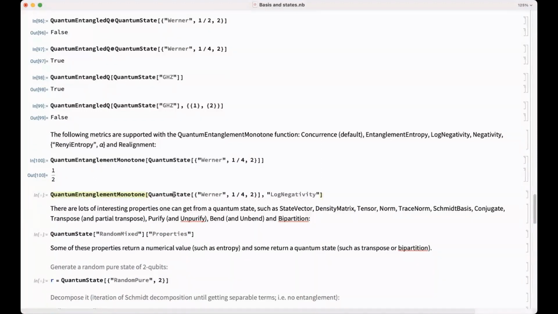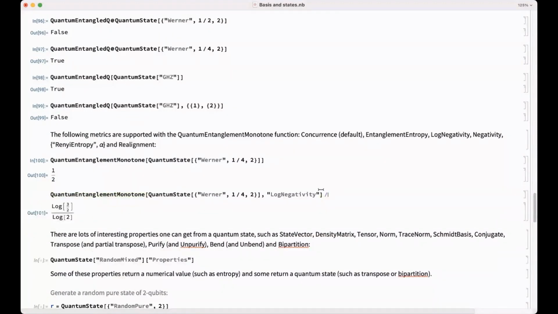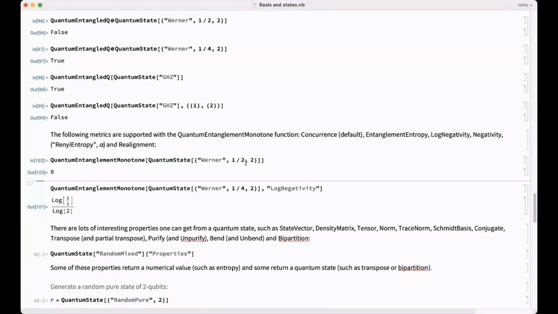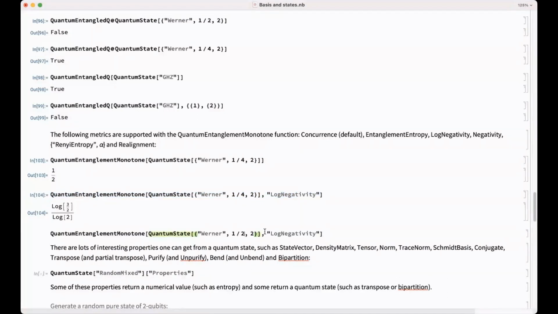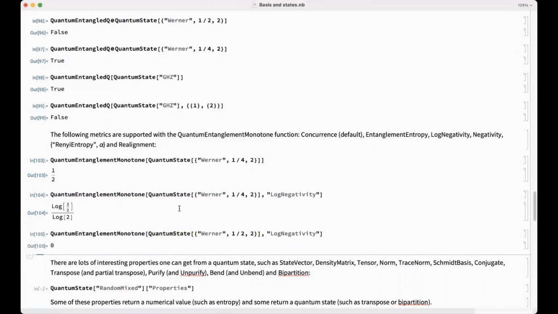For example, this thing is entangled, but this thing is not because it's a zero. And I think the condition is when it's higher than zero, then it's entangled. And I think this kind of condition works for all kinds of different monotones here. So, for example, log negativity for this state that we know is not entangled is still zero.